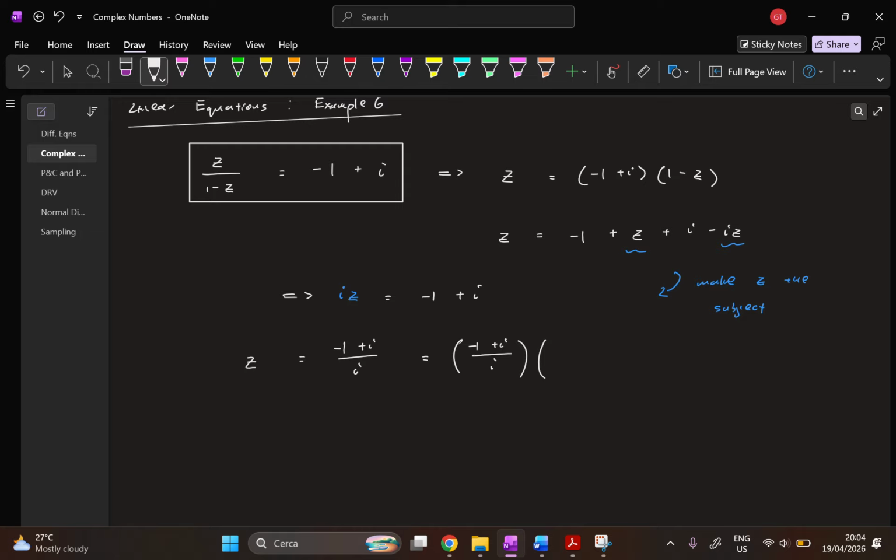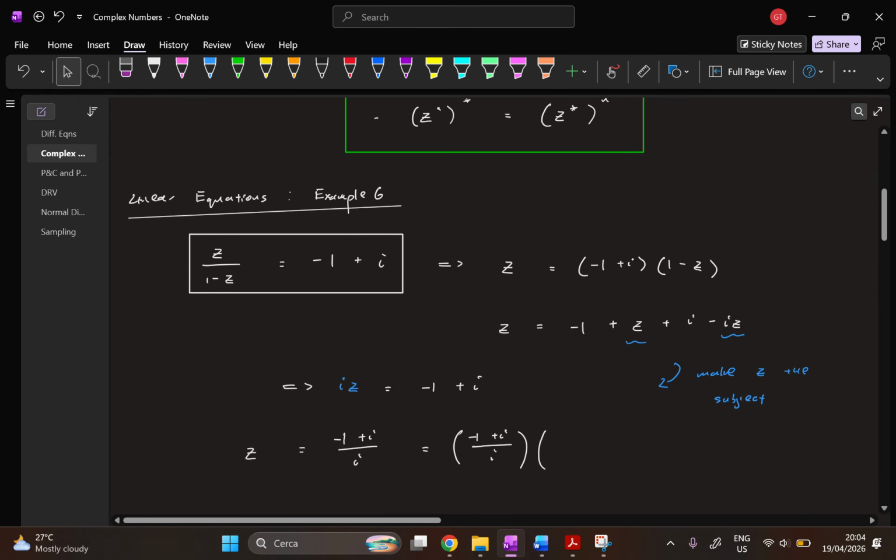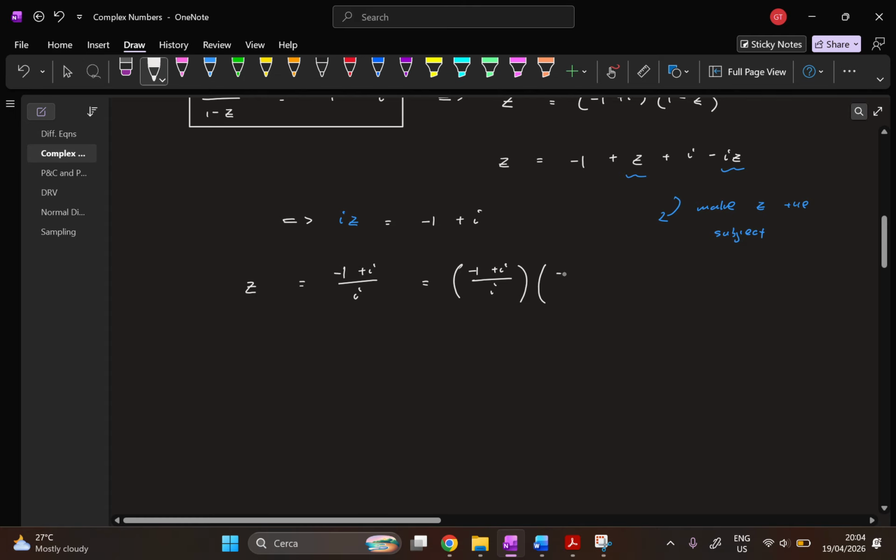So in this case, my complex number is i, right? What's the conjugate of i? The conjugate of i, we explored earlier, is just minus i. So I just type minus i over minus i. And you see that because this is just 1, the value is the same. But what is i times minus i? It's just 1, right? Because i is root minus 1, and then minus i is minus root minus 1.